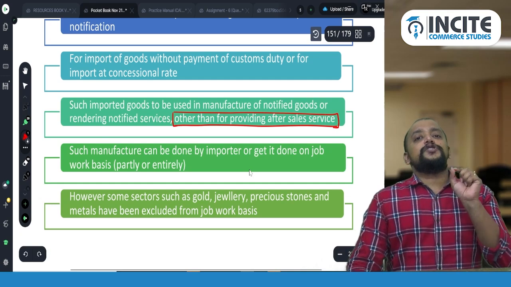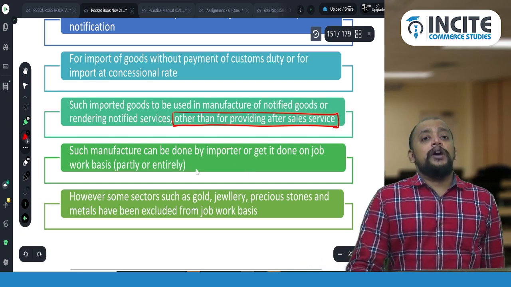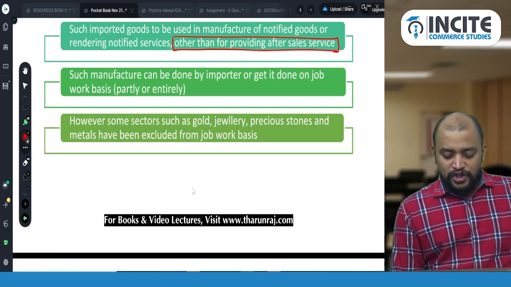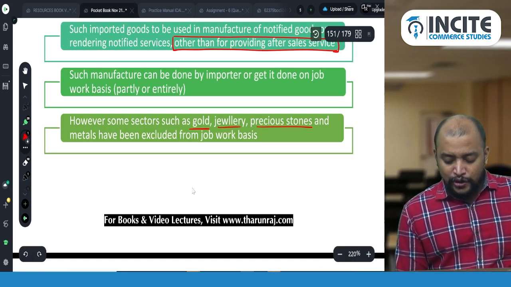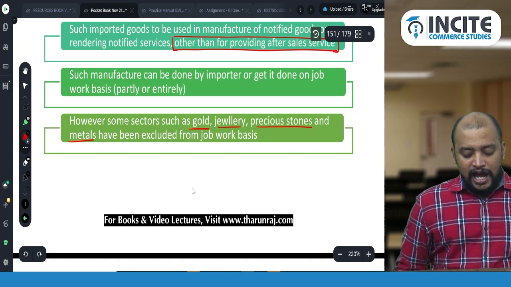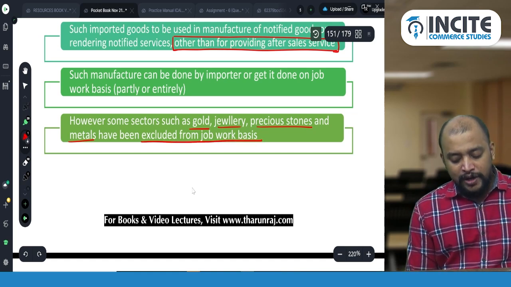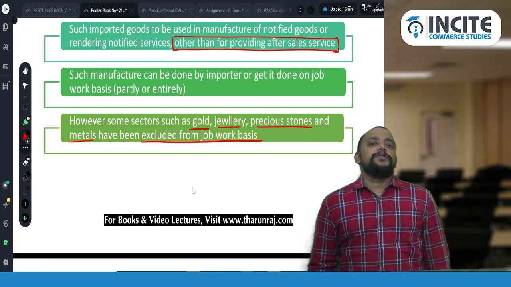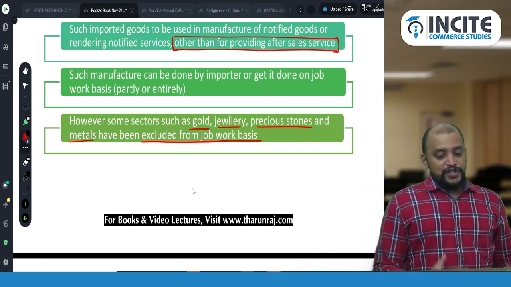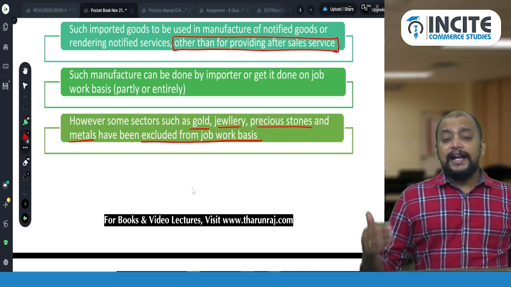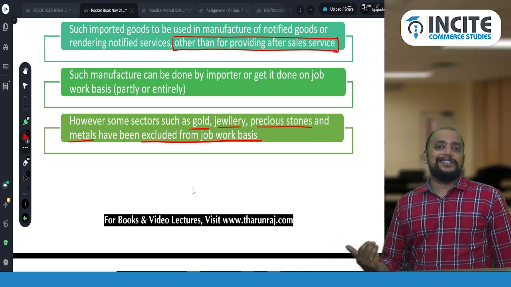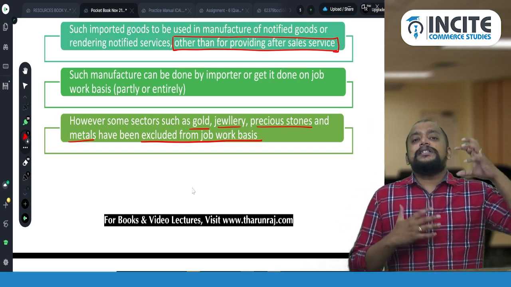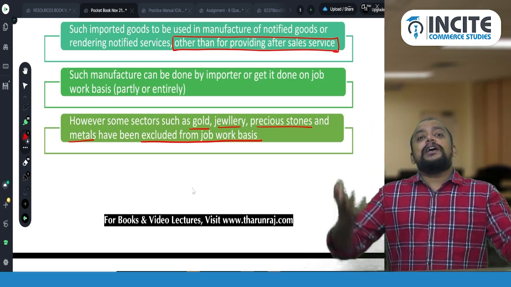However, with respect to a few goods, job work is not allowed. That is, gold, jewelry, precious stones and metals have been excluded from job work basis. Which means all goods except these can be sent on a job work basis. Okay. So this is about the applicability of these rules.